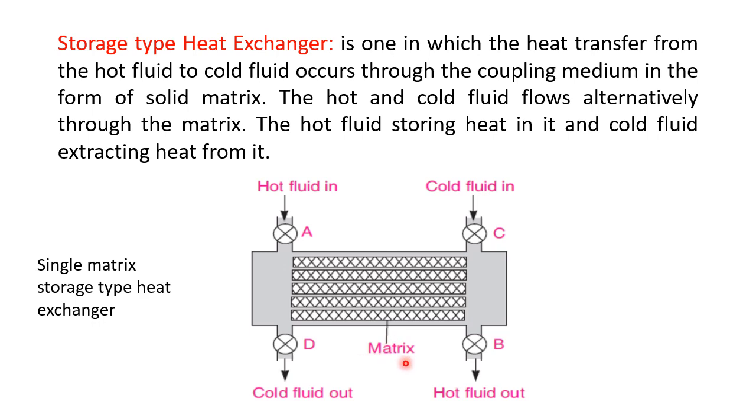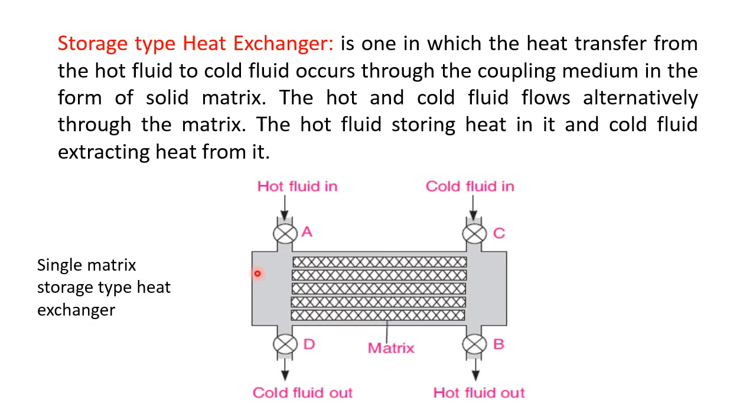This porous matrix may be in the form of bricks with small holes in them, or it may be small loosely filled material pieces. That means when the fluid enters the matrix, it should flow through the matrix. There should not be any obstruction. So it is called the porous matrix.